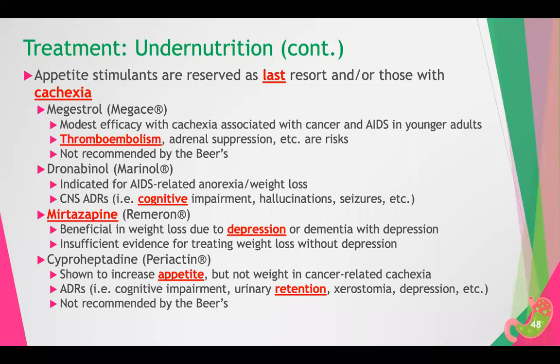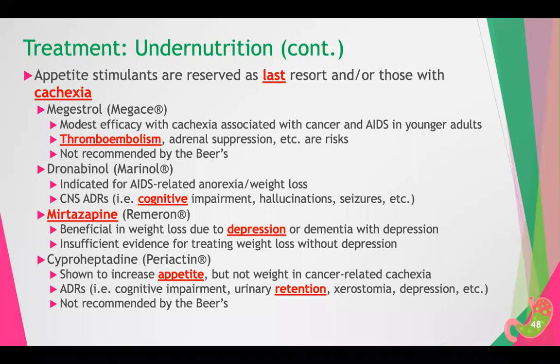We have Megace, which has been shown to provide modest efficacy with cachexia associated with cancer and AIDS in younger patients, but there are a lot of risks with this one. It can cause thromboembolism and adrenal suppression, so there's a lot of cardiovascular risk with Megace, and it's actually not recommended by the Beers criteria. There's also Marinol, which is indicated for AIDS-related anorexia and weight loss.